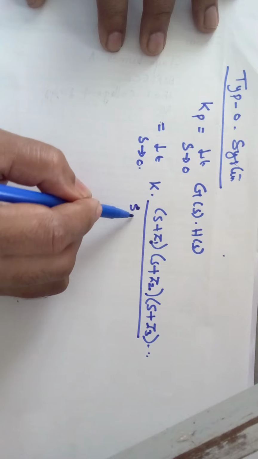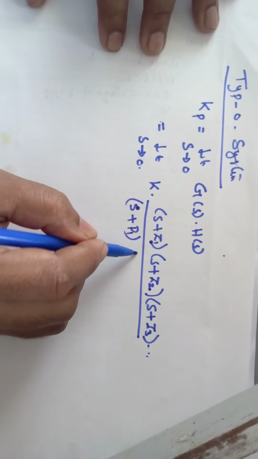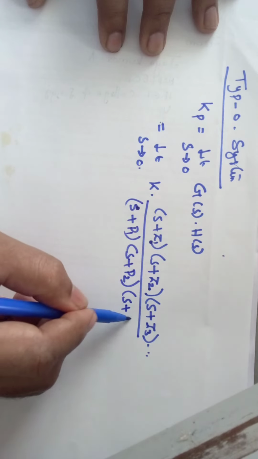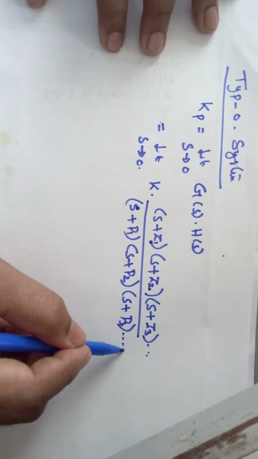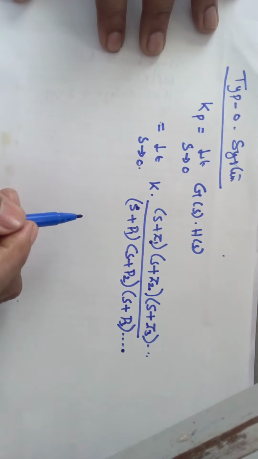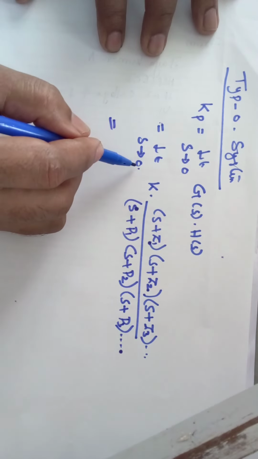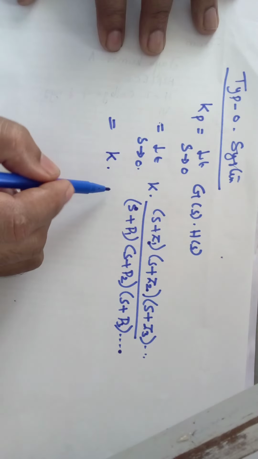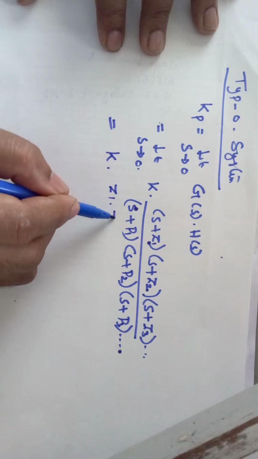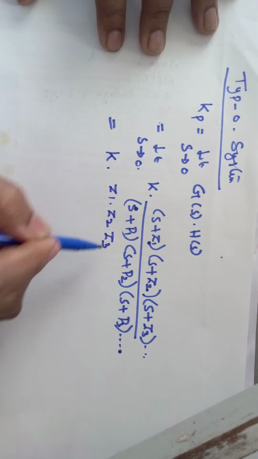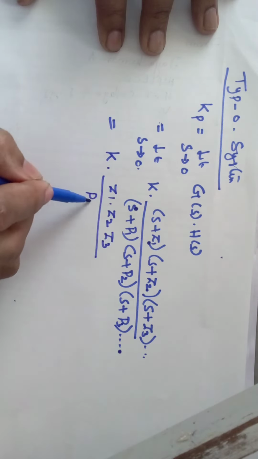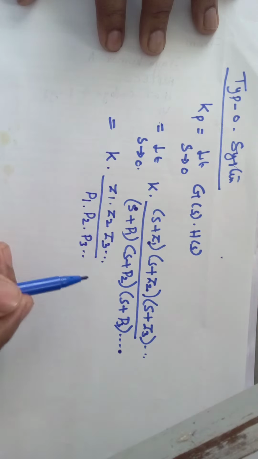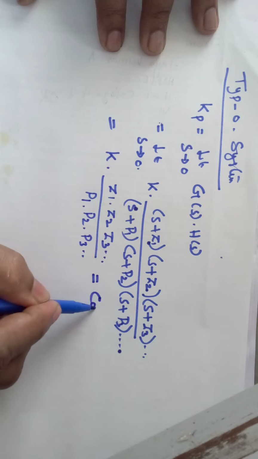What are the poles? (s plus p1) into (s plus p2) into (s plus p3) etc. Now if you substitute s equal to 0 here, you will get K into z1 into z2 into z3 divided by p1 into p2 into p3 etc., where K is a constant. So this is nothing but a constant.